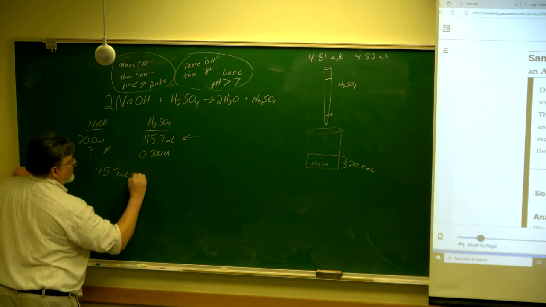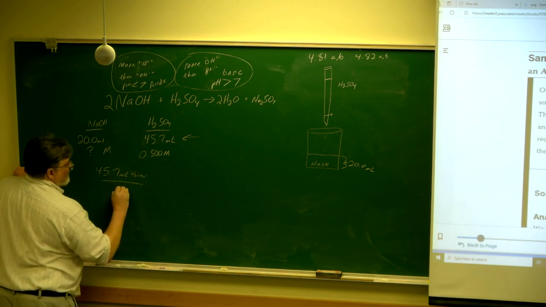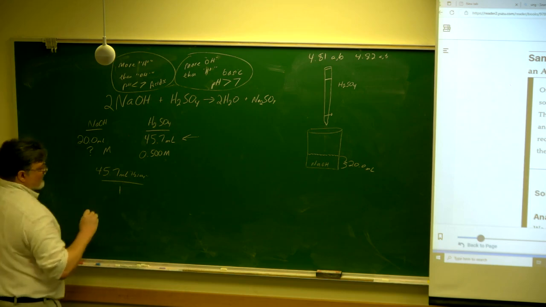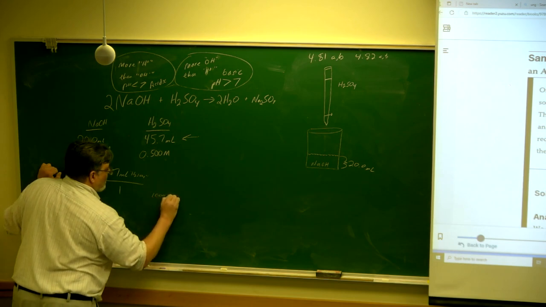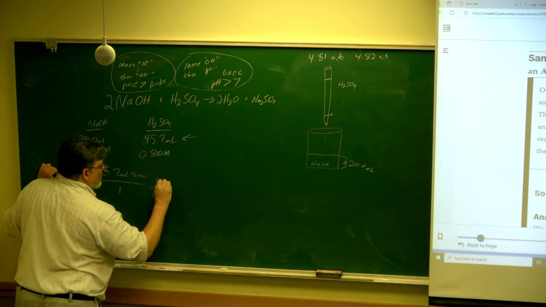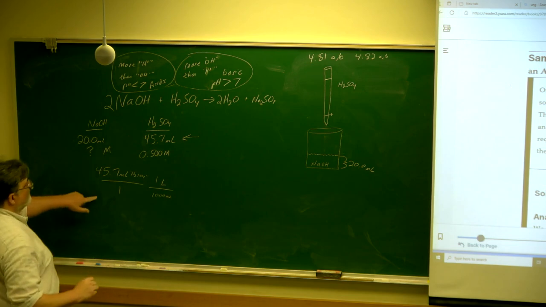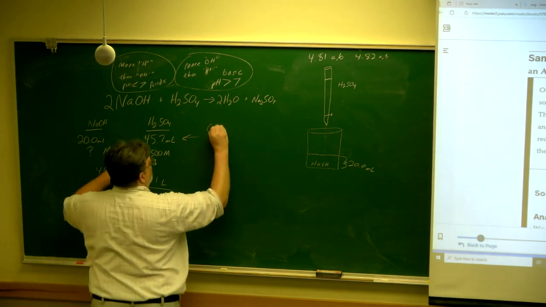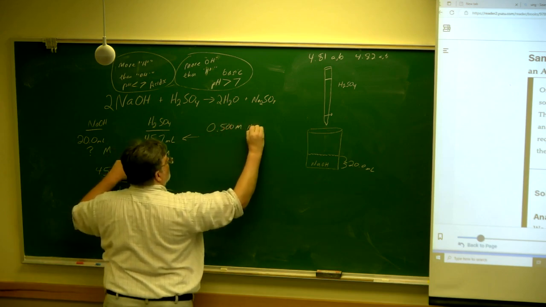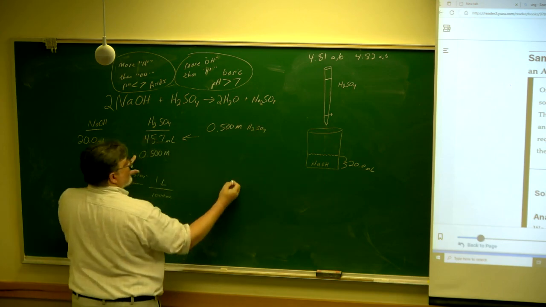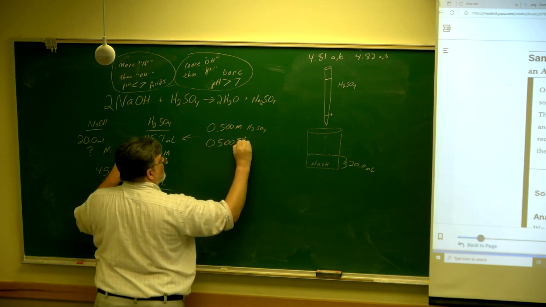Milliliters of H2SO4 over 1, and then 1,000 milliliters to 1 liter. I tell you guys to think of this M as moles per liter.